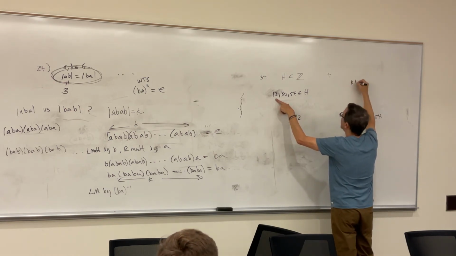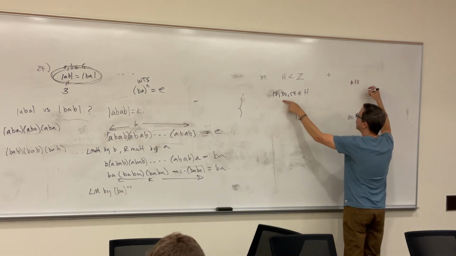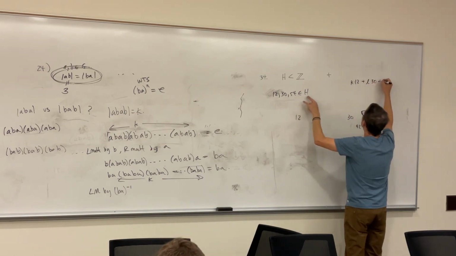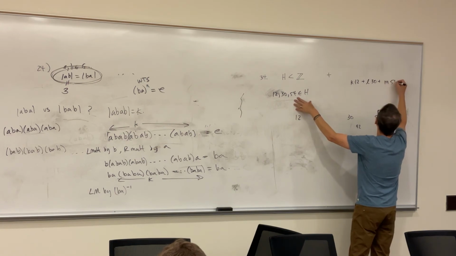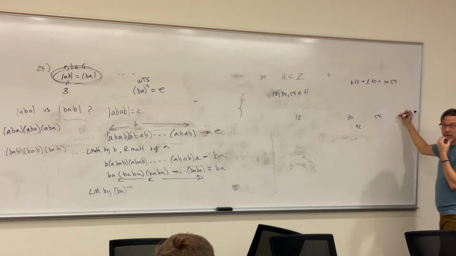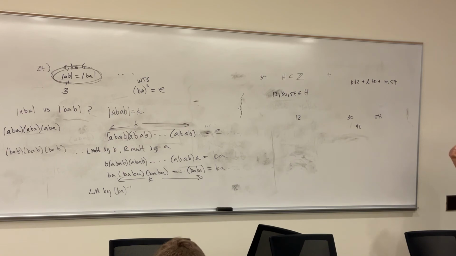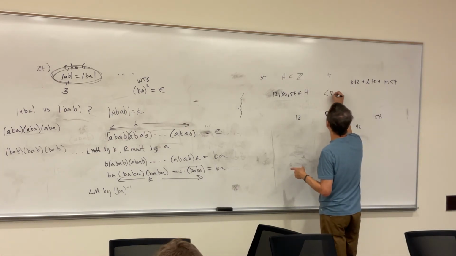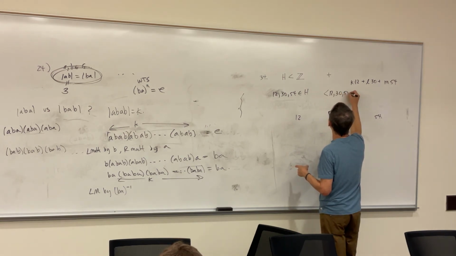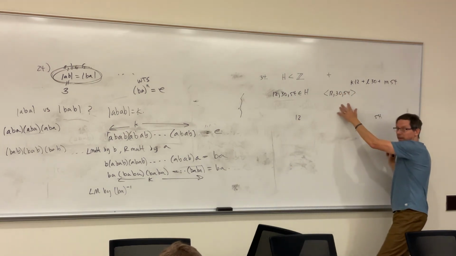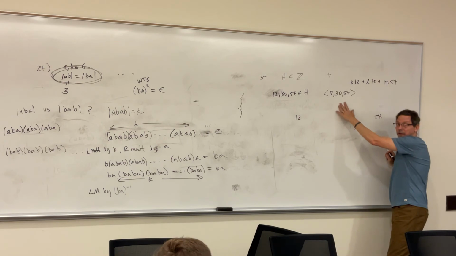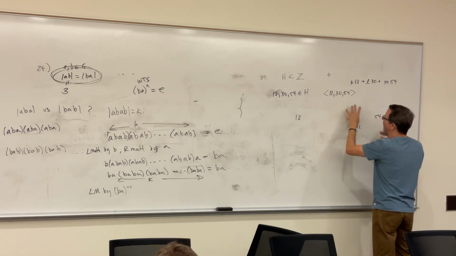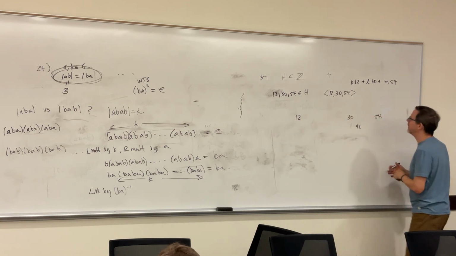So I can have k times 12, an integer multiple, plus any integer multiple of 30, plus any integer multiple of 54. Those are in some ways generators of this subgroup. So we're looking at the subgroup generated by 12, 30, 54, using that notation we did last time. Not cyclic necessarily, it's multi-cyclic or something like that.